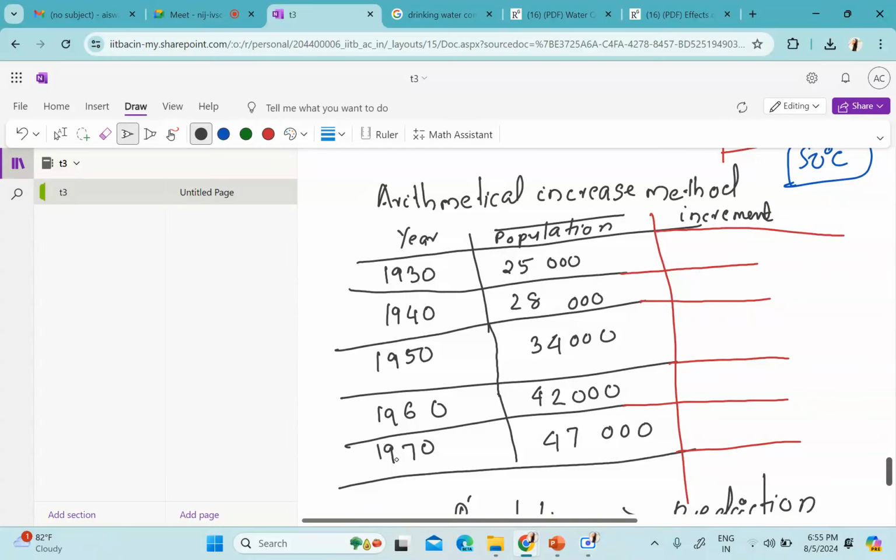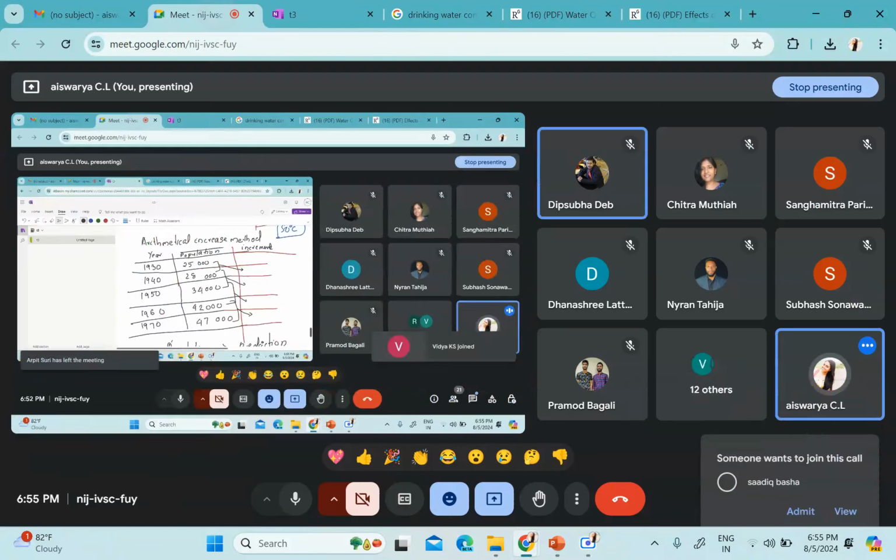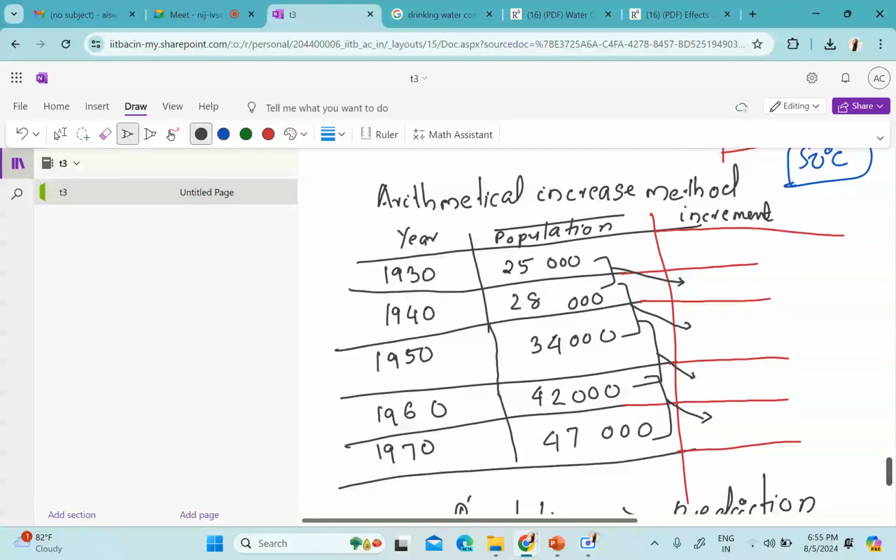You can calculate this and write in each column the difference between these two, these two, these two, like that. You can use a calculator or anything, then write the value here.